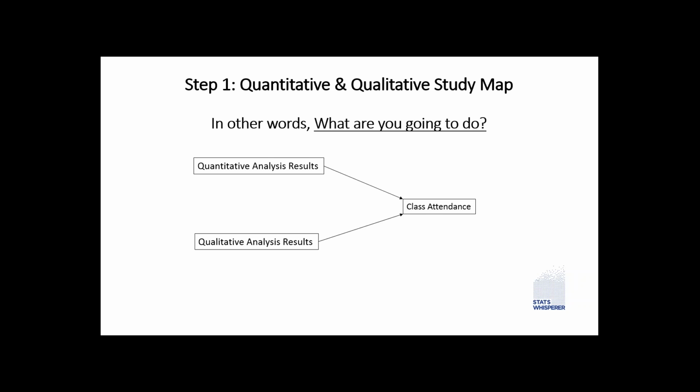On the left we have our quantitative analysis results with the arrow going to class attendance. So how is class attendance impacted by our quantitative analysis results? And underneath, qualitative analysis results. How is class attendance explained by our qualitative results?